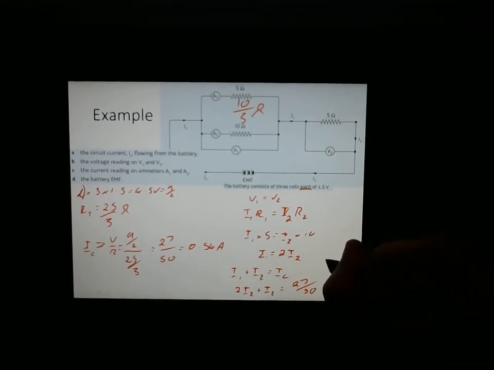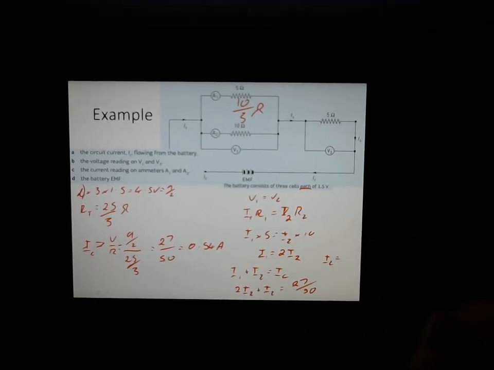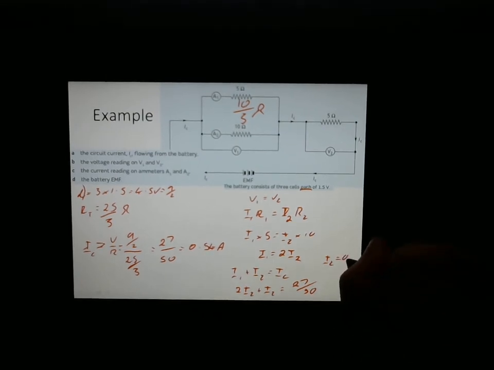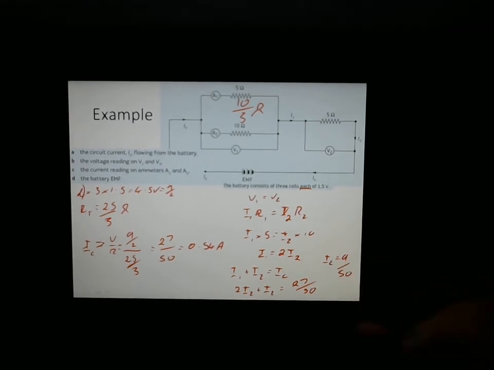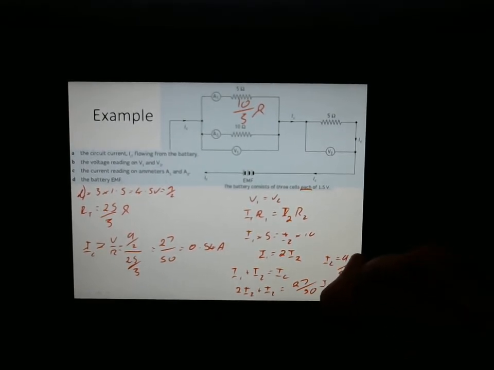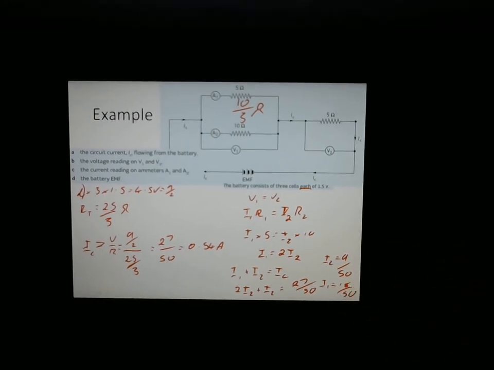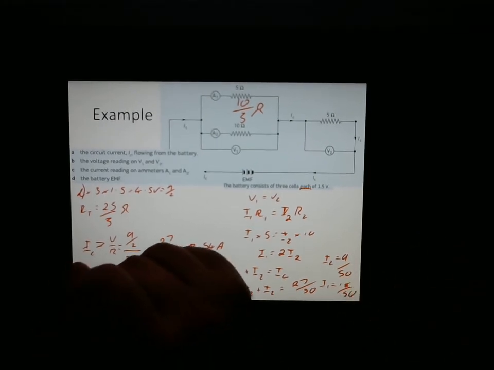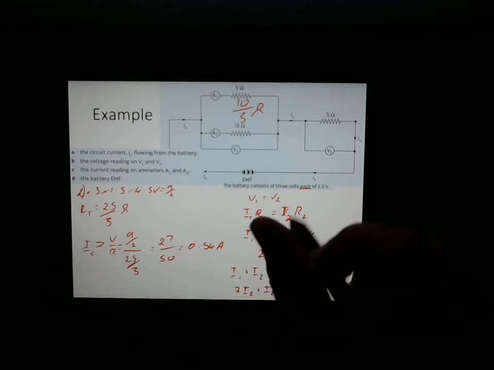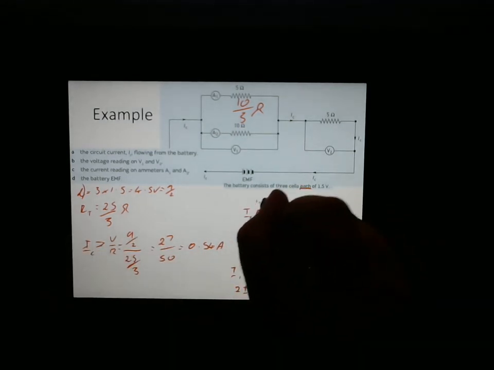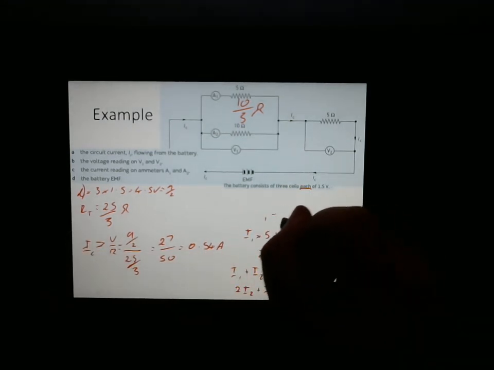So I2 will equal 27 over 50 divided by 3, which is going to equal 9 over 50. And so that means I1 must equal 18 over 50. Okay, I'm going to have to get rid of that working out in the middle, but we've seen the exact same process used several times now.